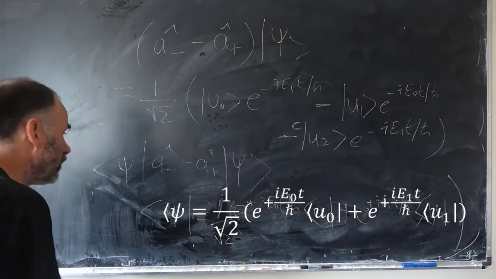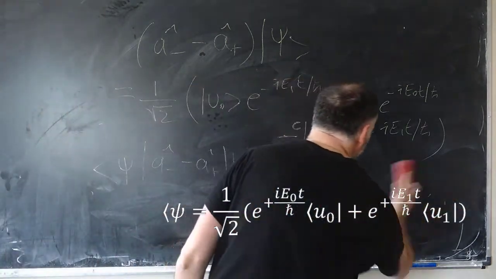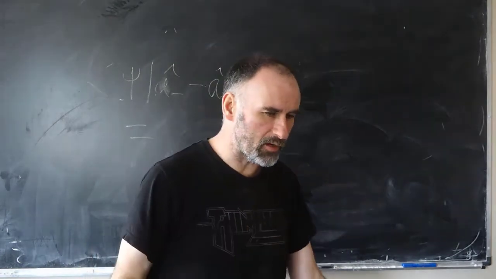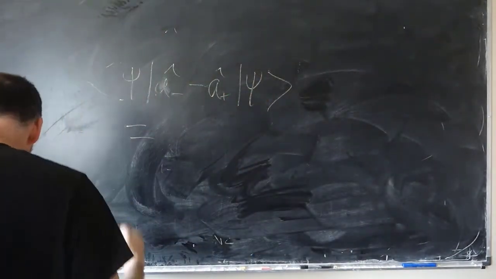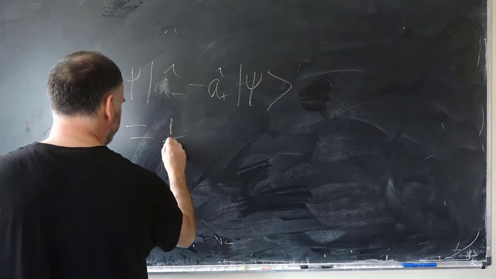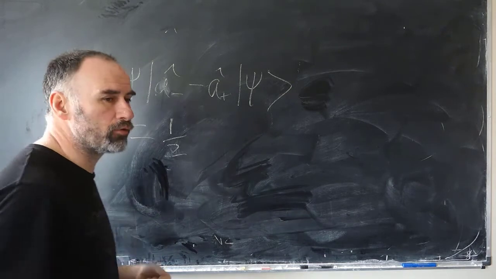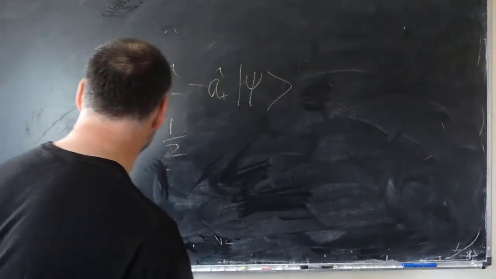So if we work that through, and you should convince yourself of this, taking the inner products, working them out, realizing that only if the index is the same do we get 1, all we're left with in the end is this. A half instead of 1 over root 2, because there's 1 over root 2 coming from the bra, 1 over root 2 coming from the ket, so this becomes a half.